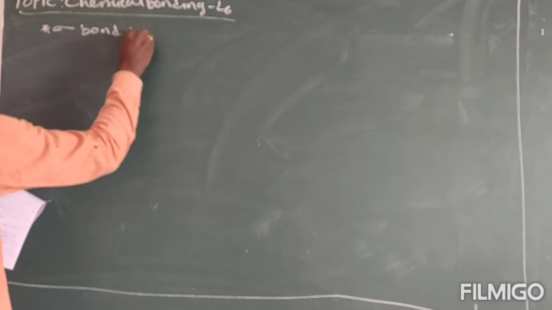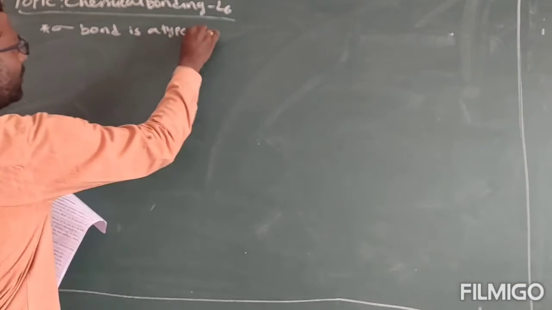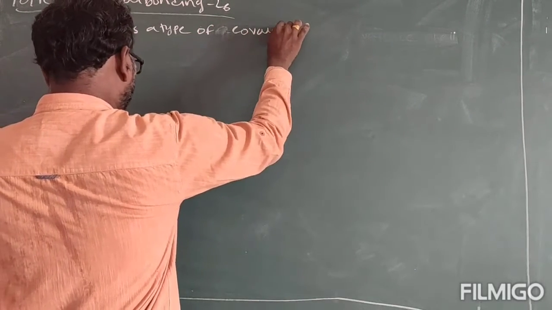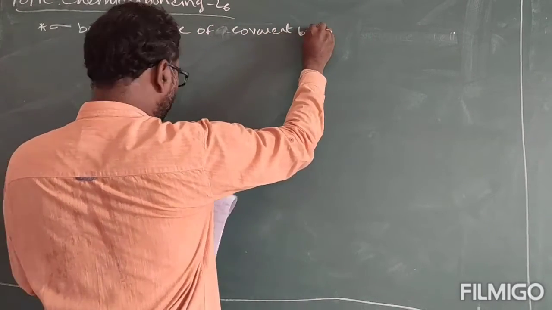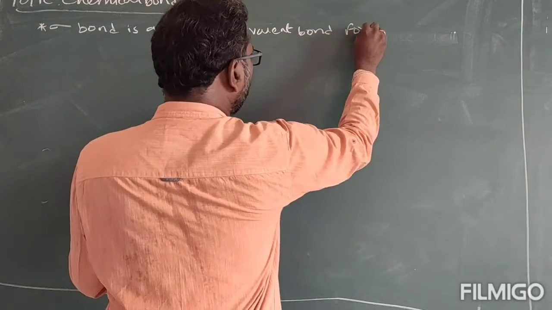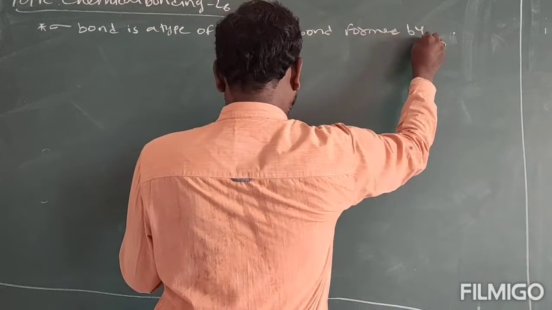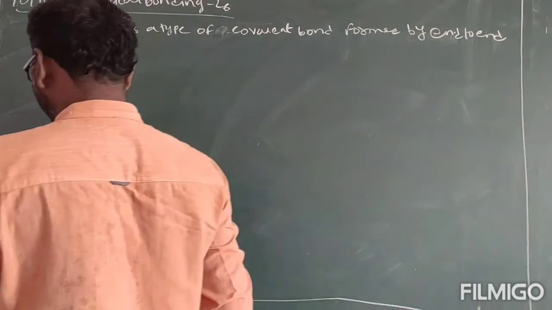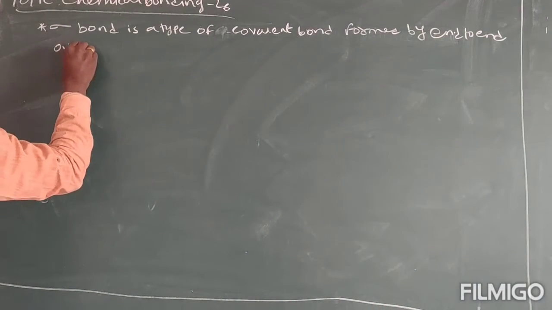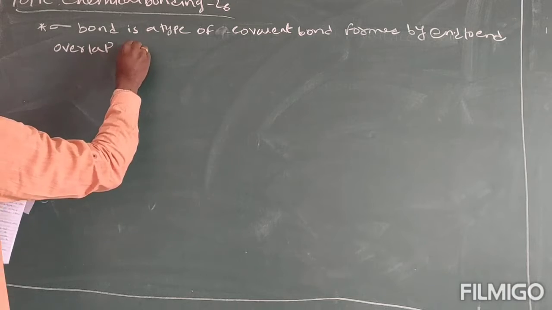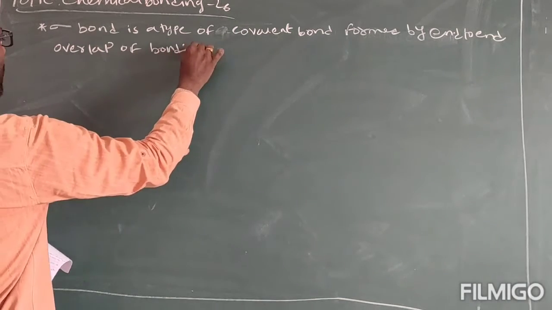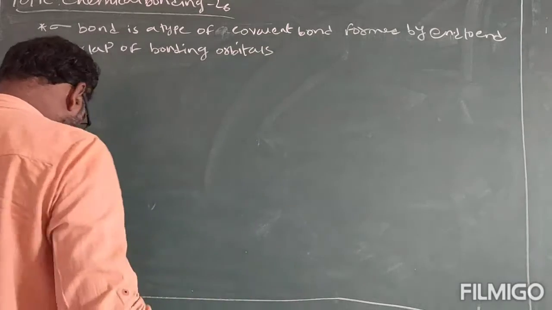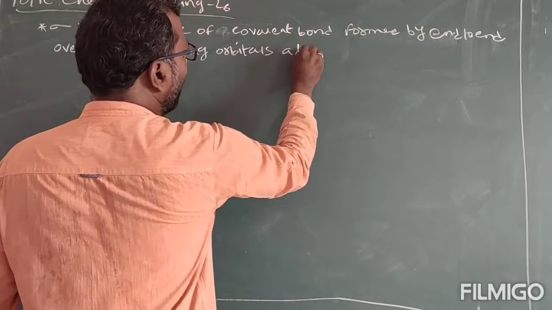Sigma bond is a type of covalent bond formed by end to end overlap of bonding orbitals along the internuclear axis.